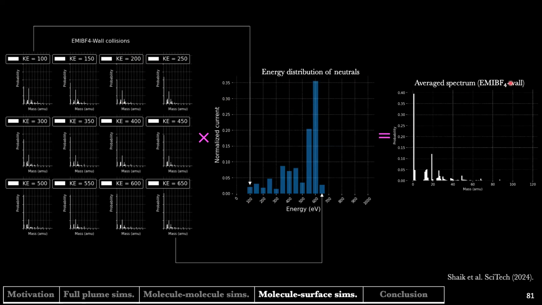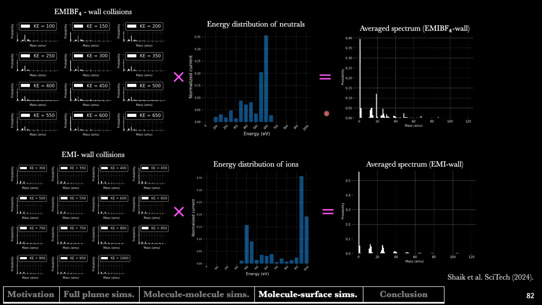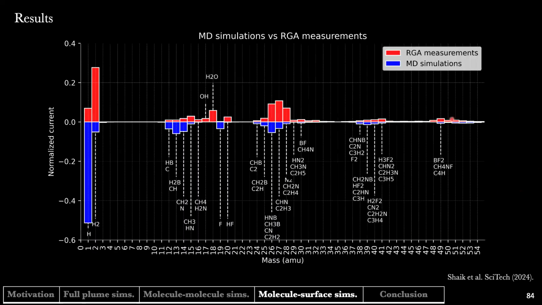And we repeat the same procedure for EMI wall collisions by multiplying the mass spectra by their corresponding probability distribution to get an average spectrum of EMI wall collisions. And then we multiply each mass spectrum by the mass flow rate of neutrals and ions, respectively, and we sum them to get one single averaged mass spectrum that we can compare to experiments.